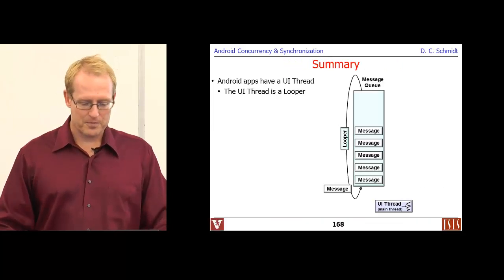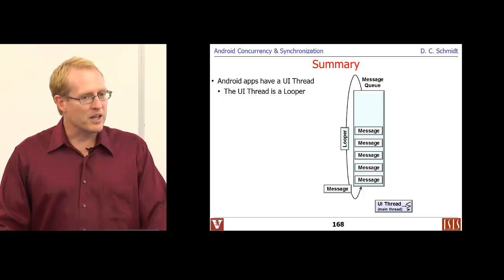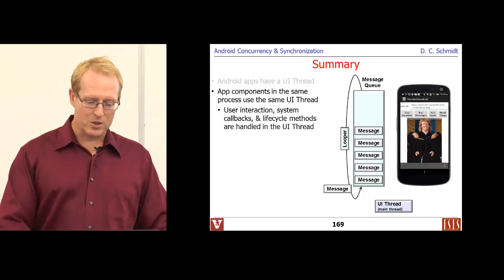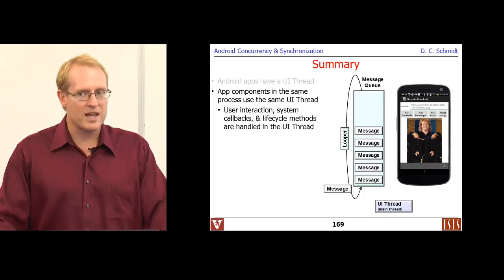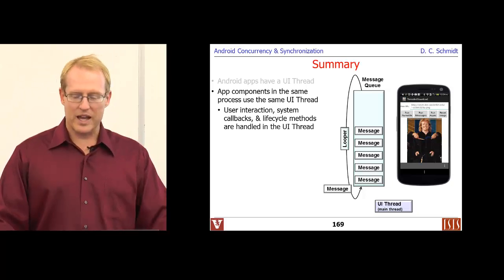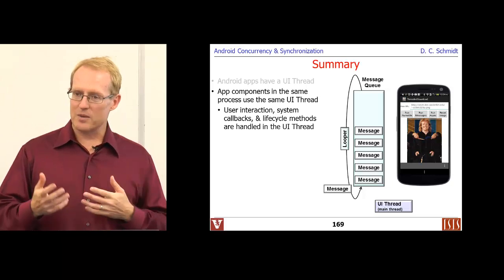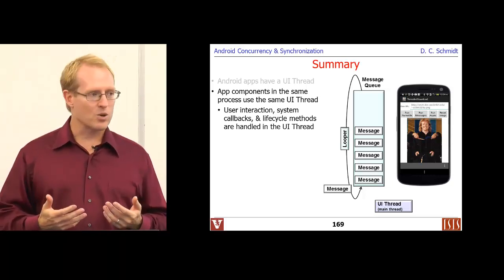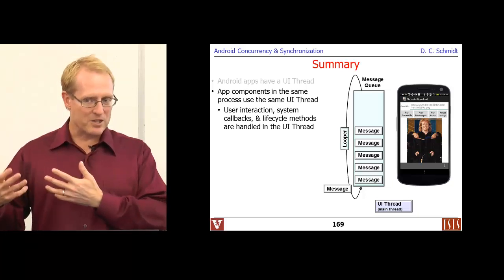So to summarize this particular discussion, Android applications have this UI thread. The UI thread is a looper, or it has a looper. Application components in the same process use the same UI thread. So you can have user interactions, things like interactions that take place between user objects, the system callbacks. So if the battery's low or there's some kind of alert that happens, that can be dispatched through these threads.